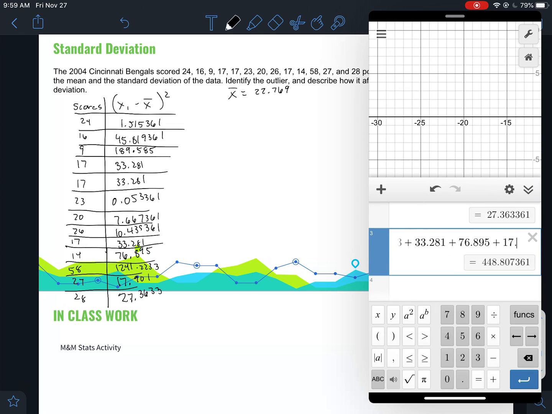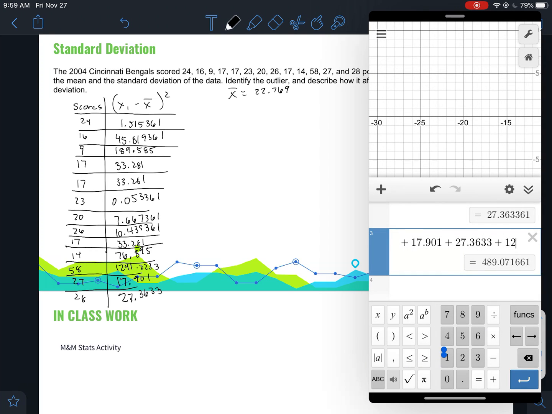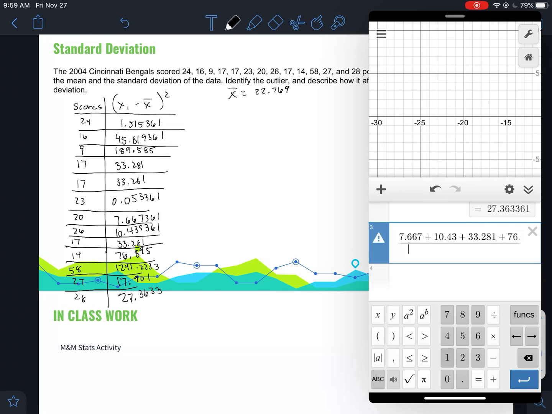I'm going to leave that big one to last. 17.901 plus 27.3633, and then plus the big one, 1241.22, and then we're going to divide that by 13, and that's going to give us our variance.